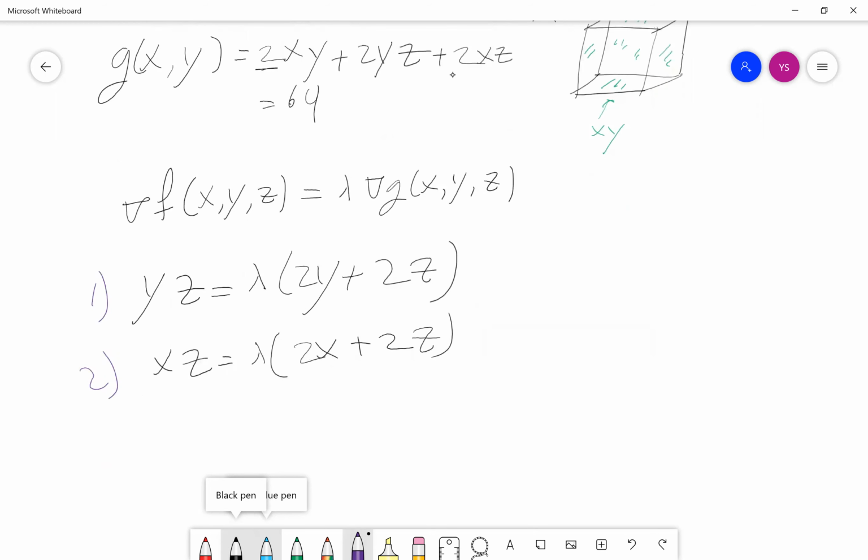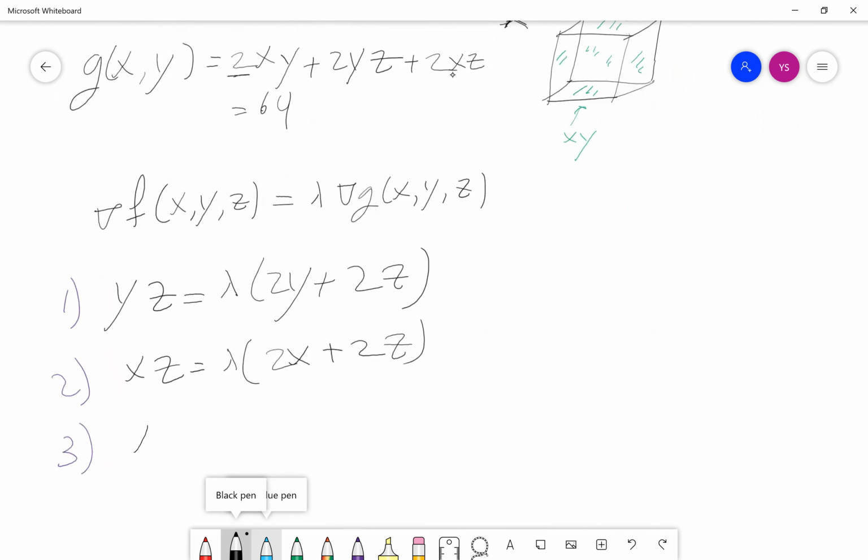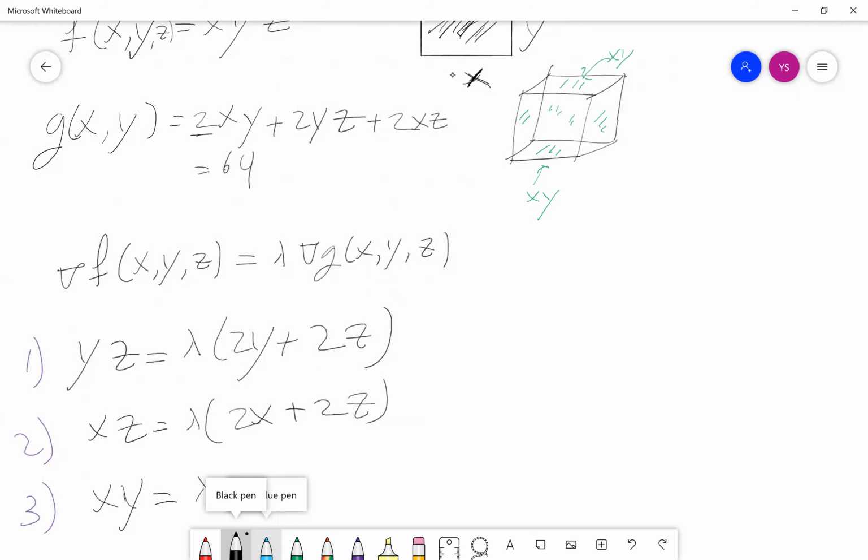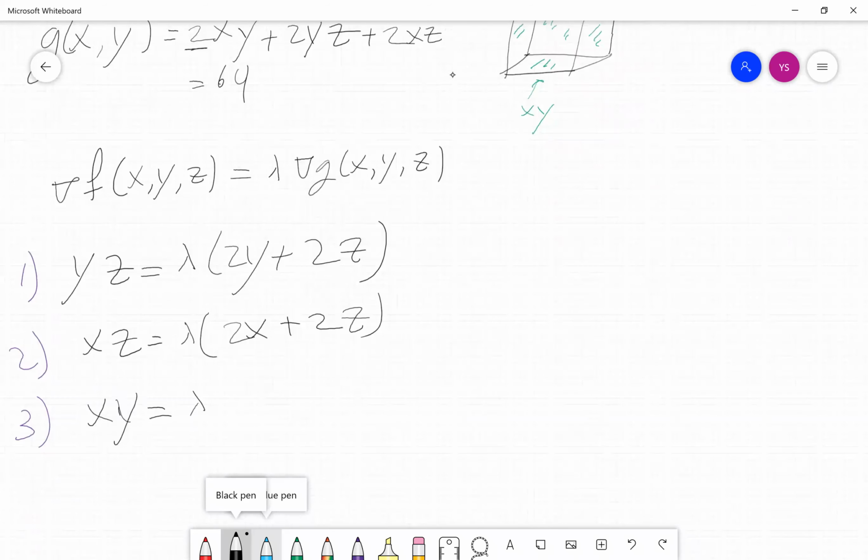Final equation, partial with respect to z of f is xy is equal to lambda times the partial with respect to z, which is 2y plus 2x.